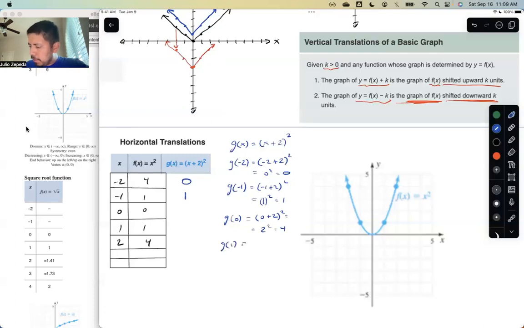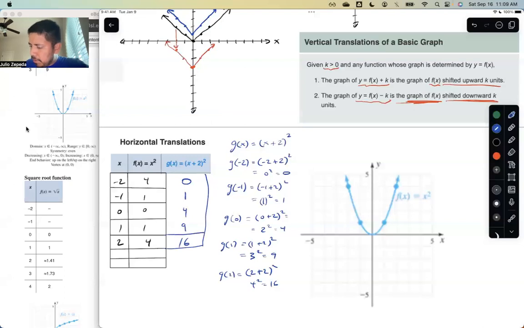G of 1 is 1 plus 2 squared, which is 3 squared, or 9. Let me write a couple of these in. 1, 4, 9. And g of 2 is equal to 2 plus 2 squared. 4 squared is 16. So we've got a 16 here.